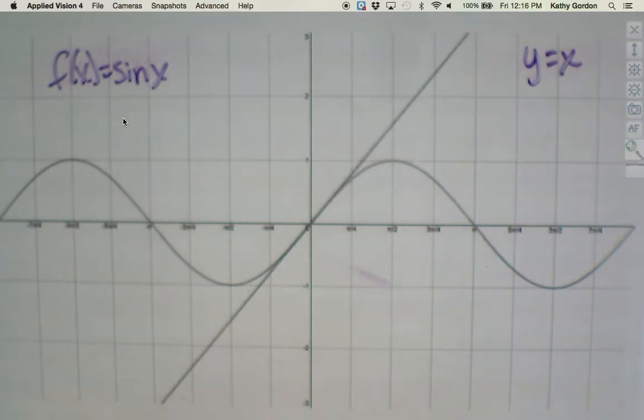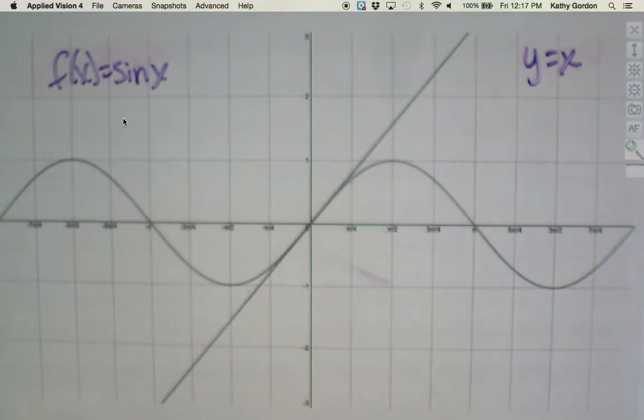Okay? And the reason we use the horizontal line test on the original function is because of what Jonathan's saying. Because when I do the inverse and I do that flip over y equals x line, if this doesn't pass the horizontal line test, then when I make the flip, it's not going to pass the vertical line test, which means it's not going to be a function.